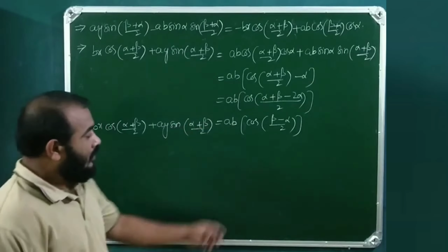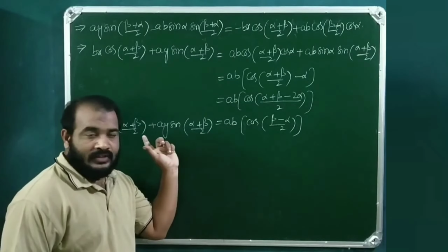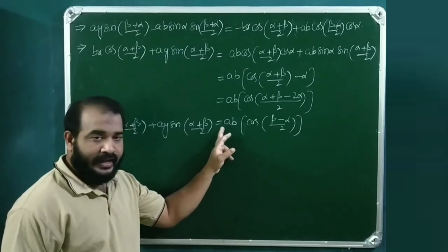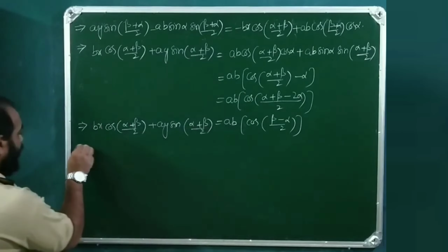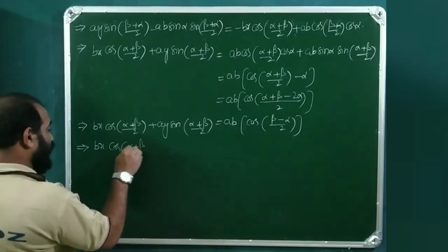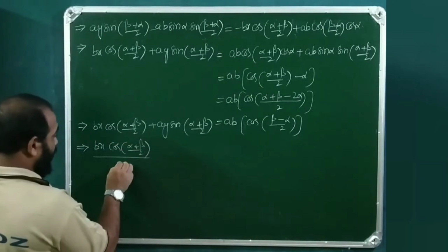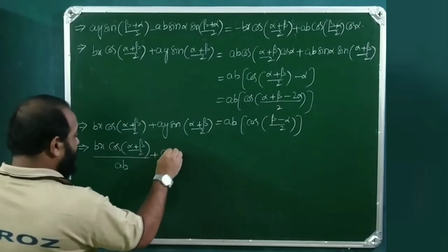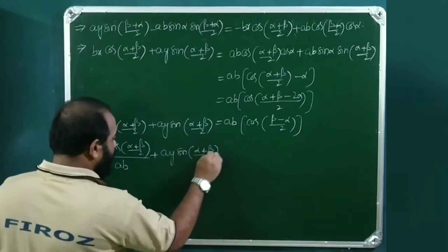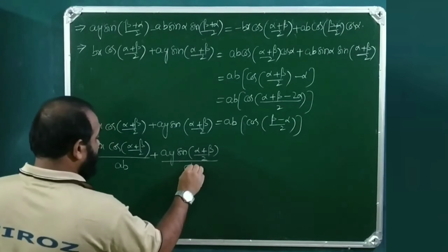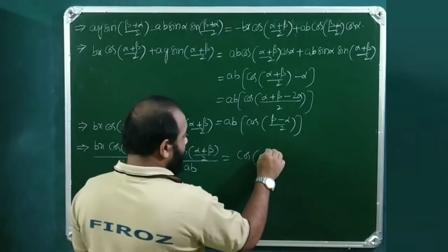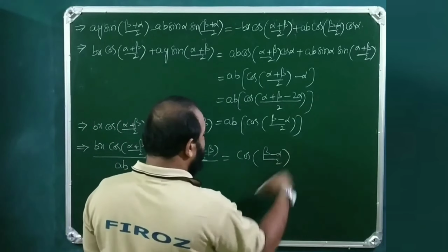Now let us divide by AB on both the sides. Then we'll get bx cos (alpha plus beta) by 2 by AB plus ay sin (alpha plus beta) by 2 by AB is equal to, AB by AB is 1, so cos (beta minus alpha) by 2.